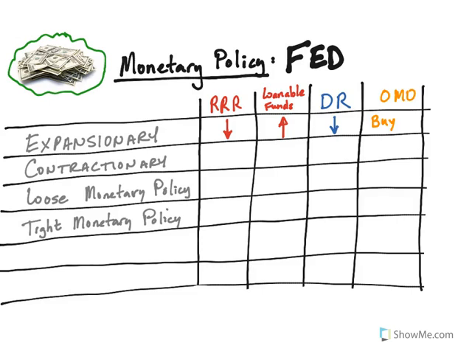How would you change the required reserve rate if you're trying to make the monetary supply contract, make it smaller?